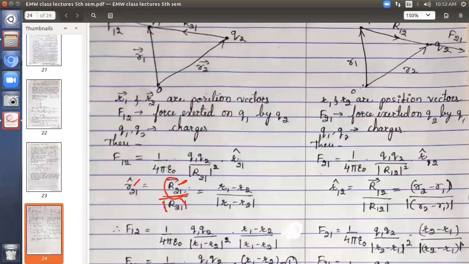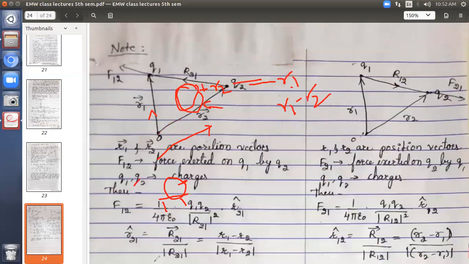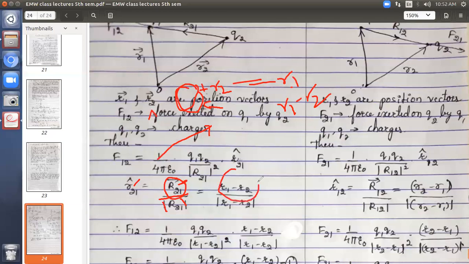Now how to get this R21? See, continuity: one direction plus second direction is equal to third direction. So R21 plus R2 is equal to R1. So R21 is equal to R1 minus R2, divided by the magnitude of R1 minus R2.